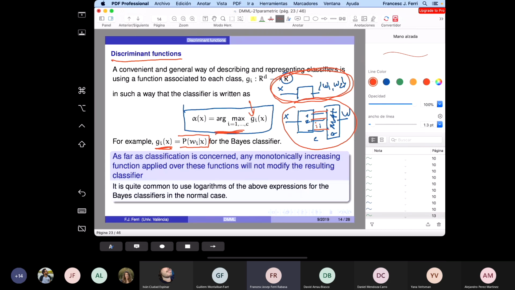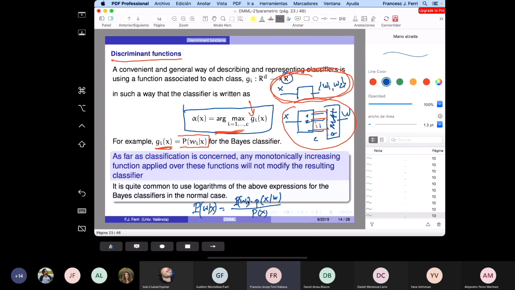The other interesting thing is that the discriminant function is not unique. We can remember that the posterior is the prior times the class conditional, divided by p(x).